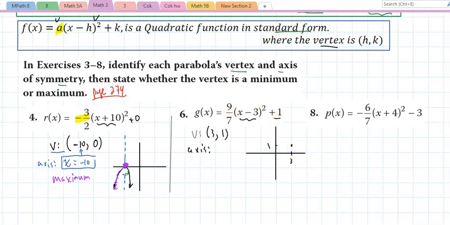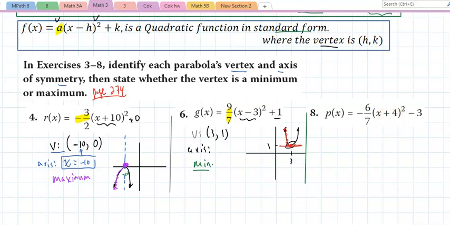Since this value is positive, this parabola opens up. And that makes that point, again, from left to right, a minimum. Min will do. Again, a rough sketch, not a graph.